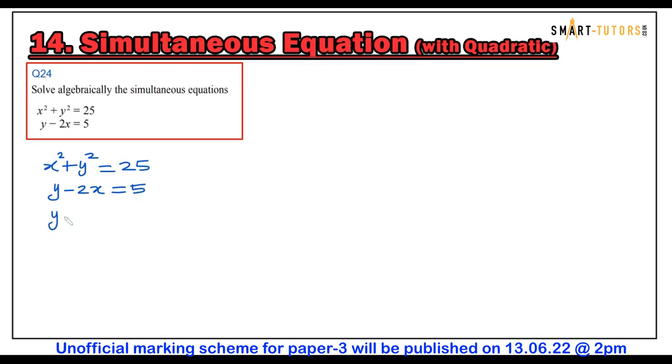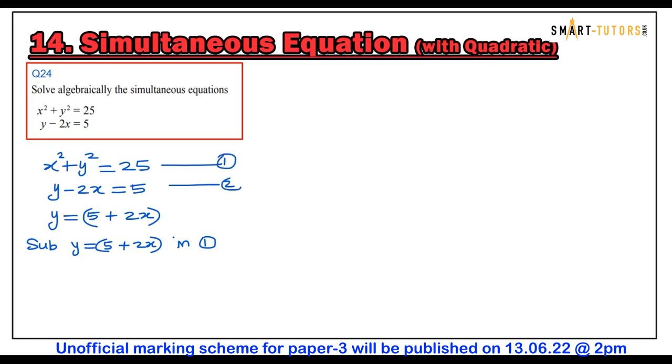From the linear equation, you need to make y the subject, minus 2x goes to the other side, so 5 plus 2x, or 2x plus 5, and substitute y equal 5 plus 2x in the first equation. So if I call this equation number 1 and this equation number 2.